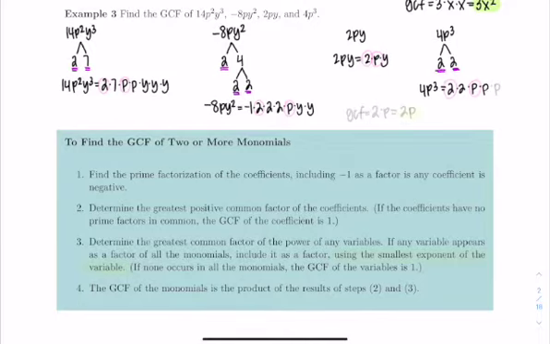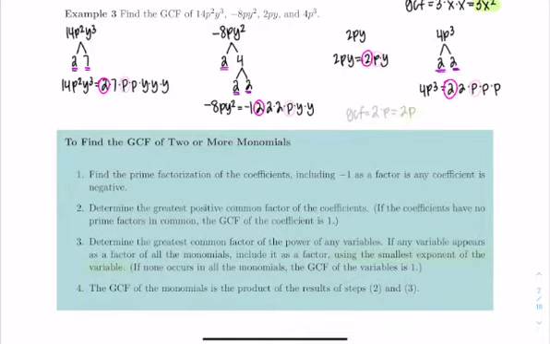And we want to see what these have in common. So all of them have a 2. And we can't have any other numbers because our smallest one here was 2. So now looking at the letters, we can't use y because not all 4 terms have a y involved, but we can use p.